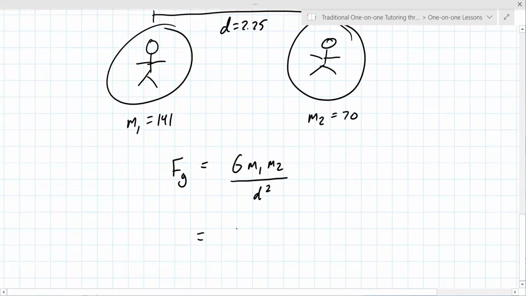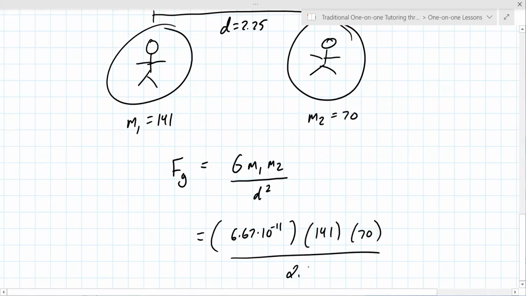So it's 6.67 times 10 to the minus 11, 141 times 70 over 2.25 squared. Okay, that's what I got too.